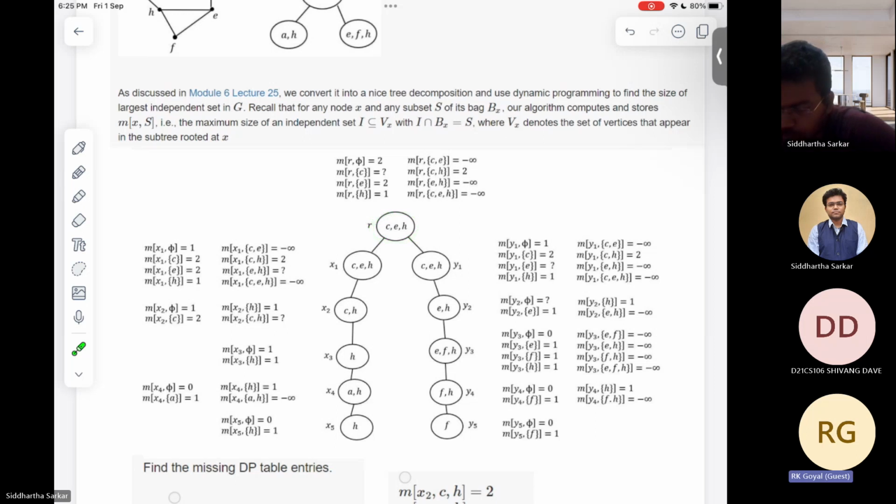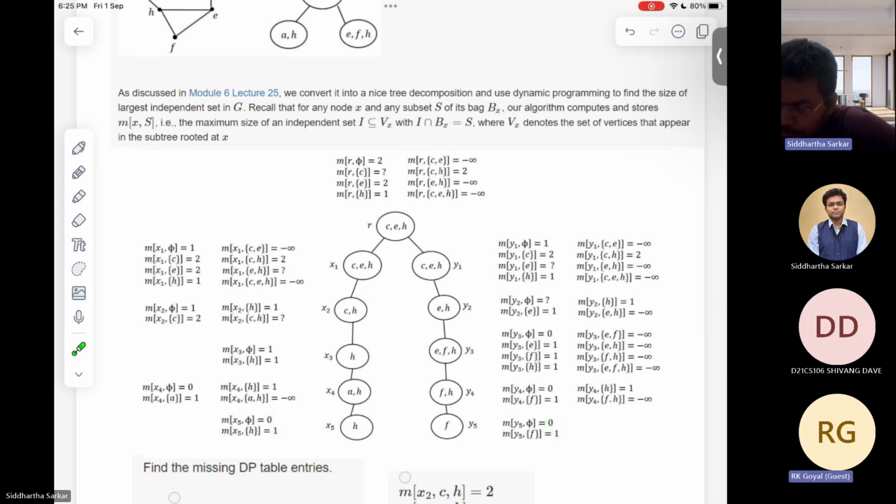So does this empty thing serve any purpose, that the root should be empty or all the leaves should be empty? In the dynamic program, the base cases at the leaves just add the value 0, 1.